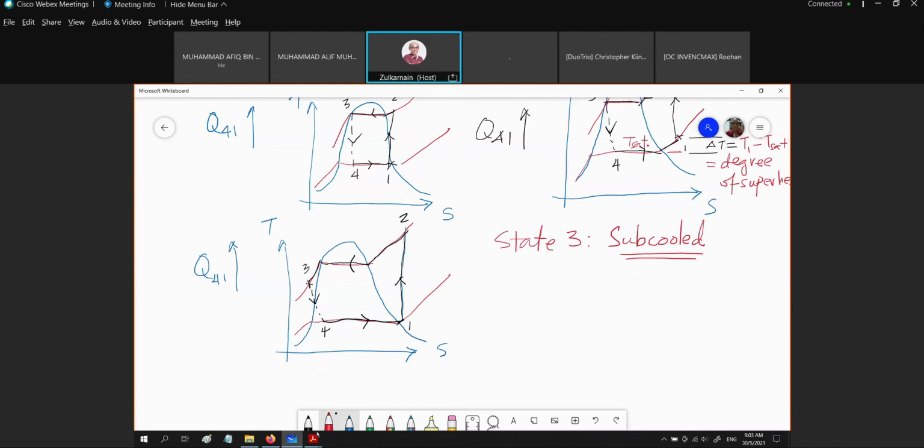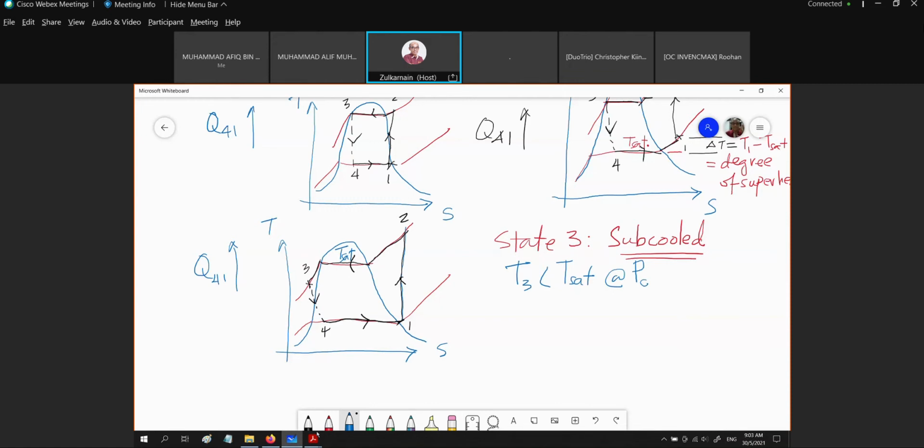Okay, if this is our T sat at the condenser, then if we have a subcool condition at state 3, we can write T3 is less than the T sat at the P of the condenser.